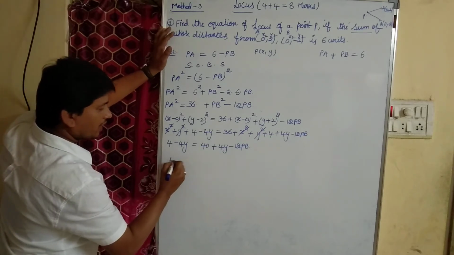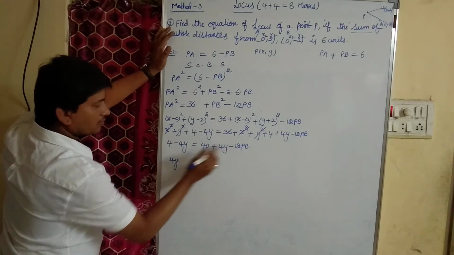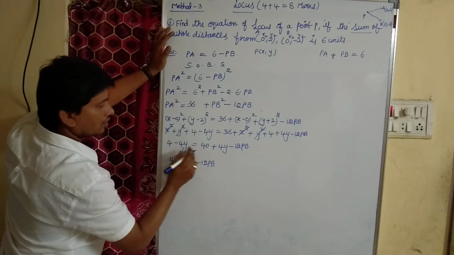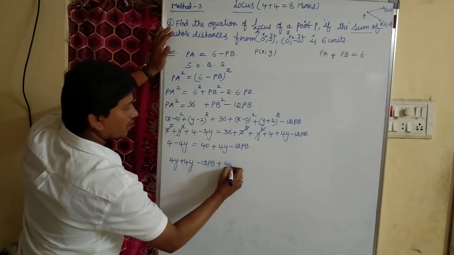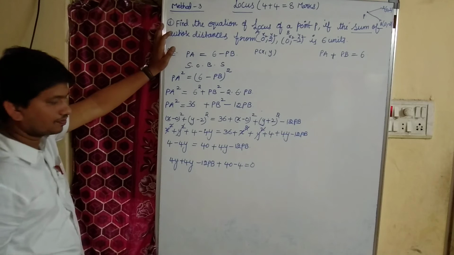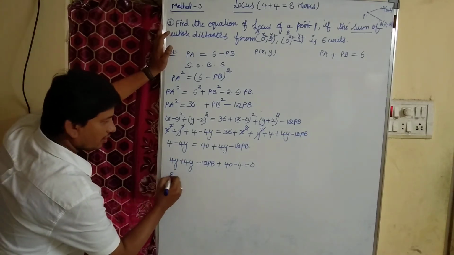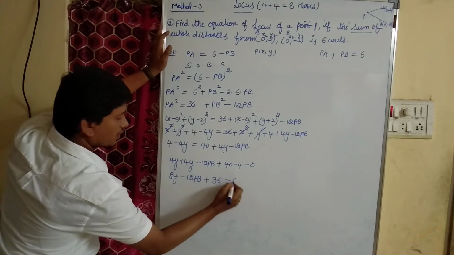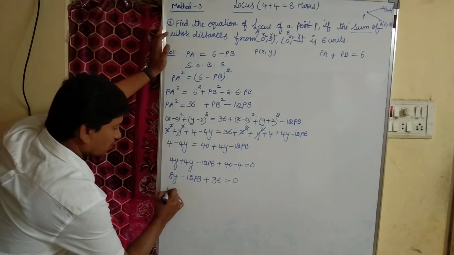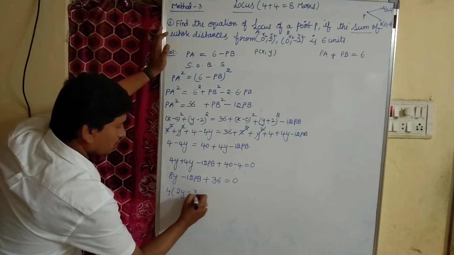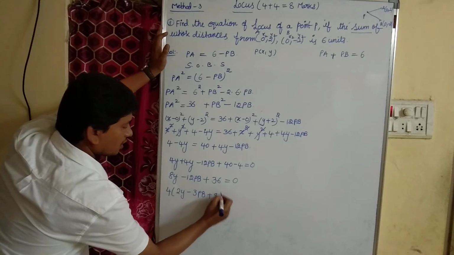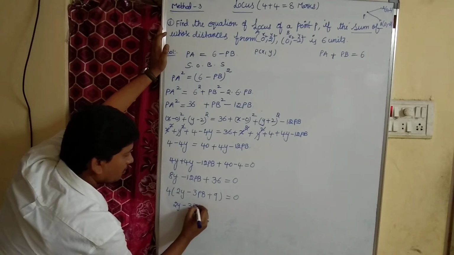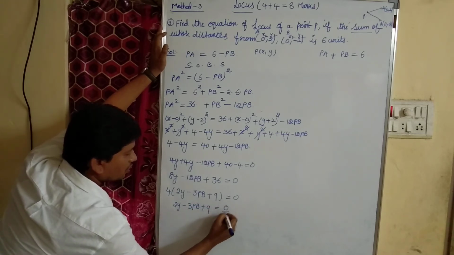So we have 4y plus 4y, that is 8y, minus 12 PB, then 4 minus 4 minus 36, which is equal to 0. So let us take 4 common: 4 twos are 8, 4 threes are 12, 4 nines are 36. So 2y minus 3PB plus 9 equals 0 by 4.